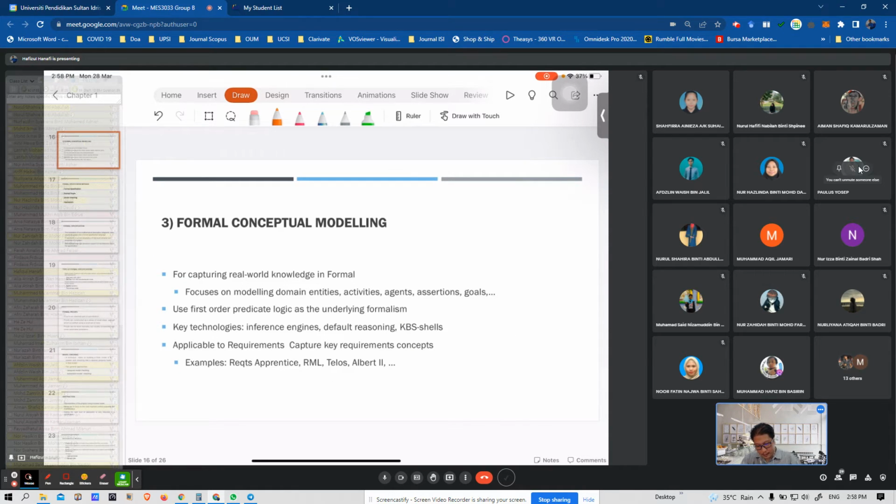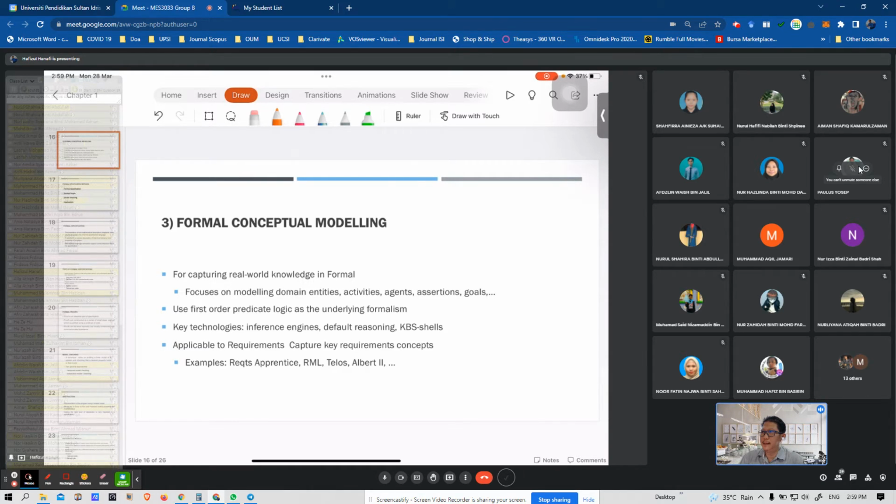Okay. And then thirdly, we have capturing real-world knowledge. Basically, we focus on the domain. Domain here means that we focus on the main problems. In order to have the appropriate model, we use first-order predicate logic, and then we use the inference engine.